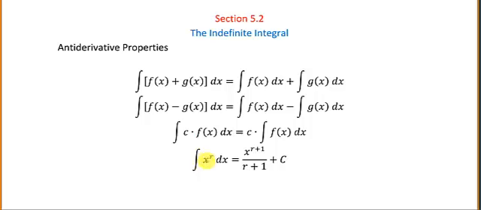And the antiderivative of x raised to the r is x to the r plus 1 over r plus 1 plus a constant of integration. Notice we could run into a problem at one place there. If r were negative 1, we'd be dividing by 0. So this works for r not negative 1, any other value of r.